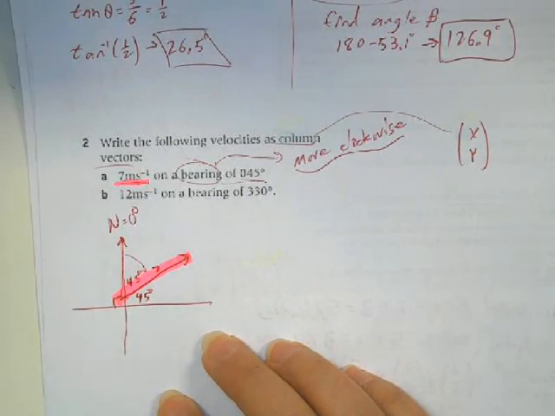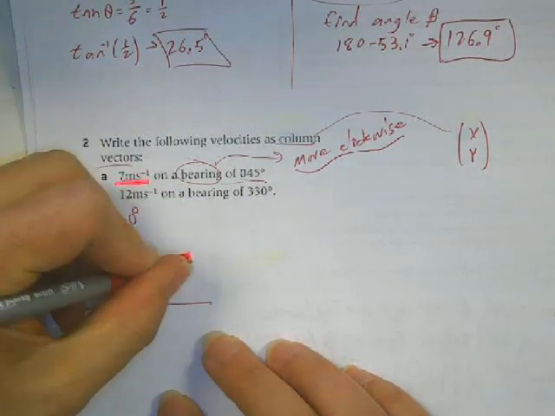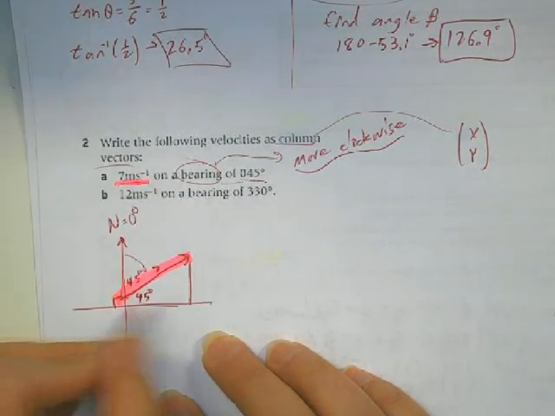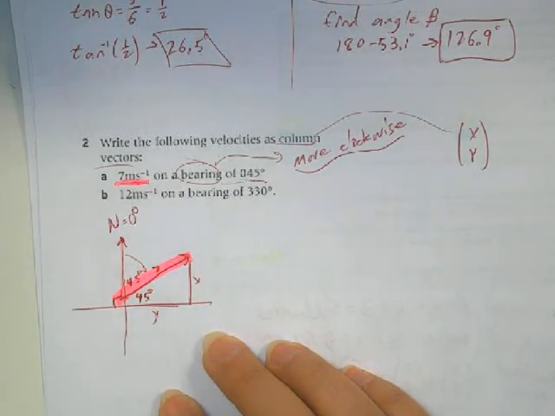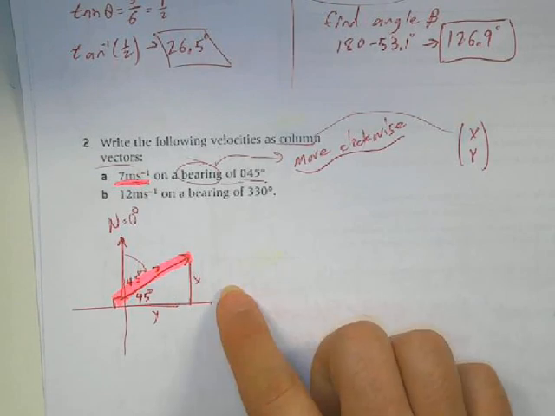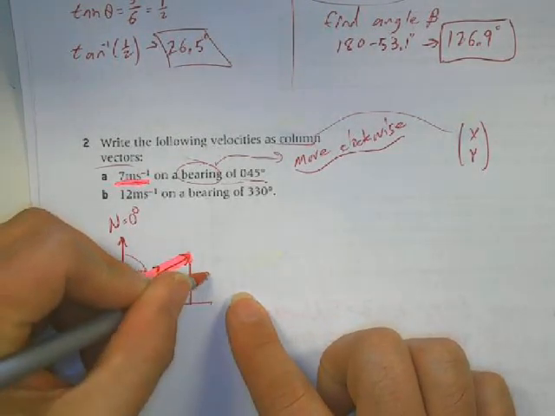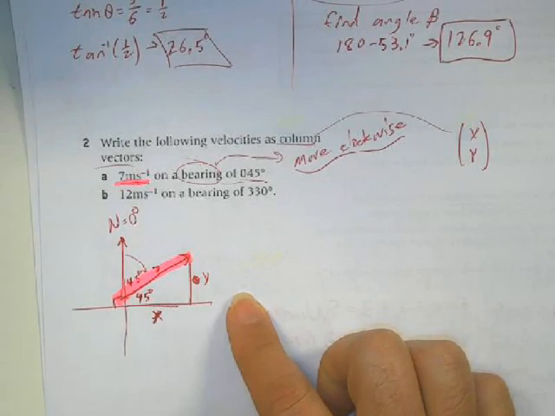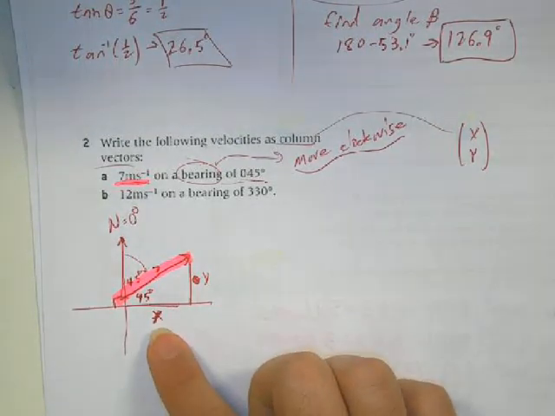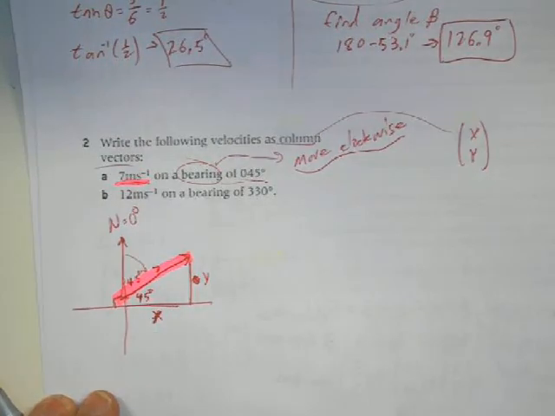And so we need to figure out this value and this value here. So if I'm finding, oh my gosh, y and x. Okay, so let's do one thing at a time.